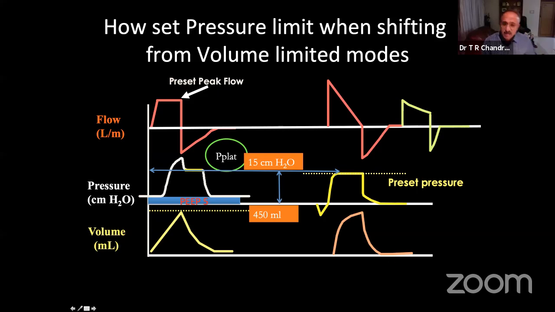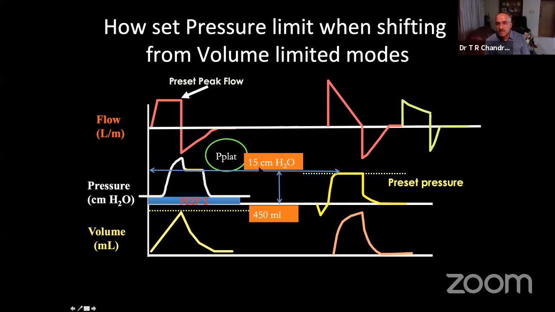I said that if you want to shift from a volume mode to a pressure mode, how do you shift? See, when the patient is on a preset volume or a square wave, and the patient starts breathing, you want to put a pressure support or a pressure control. You do a plateau pressure.